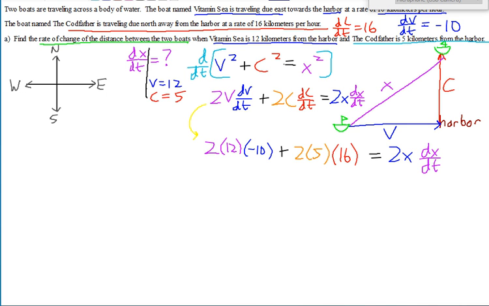And where you usually go to find that information is back in the original equation. So that's what we're going to do. Go back here. And then, since we already took the derivative, now we can substitute in 12 for v plus 5 for c, to help us solve for x.